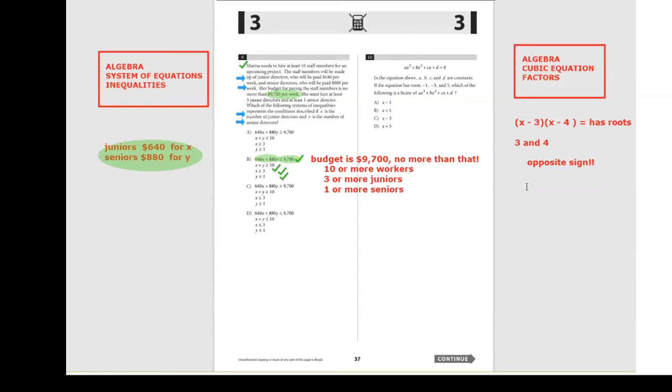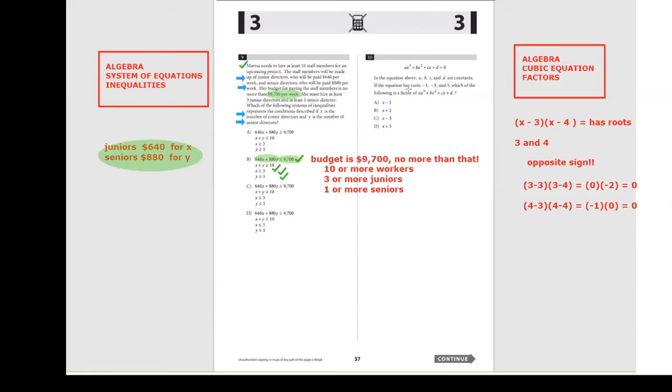But that's because if I plug in 3 or 4, it'll make 0. Right? So I'll highlight it here in green.